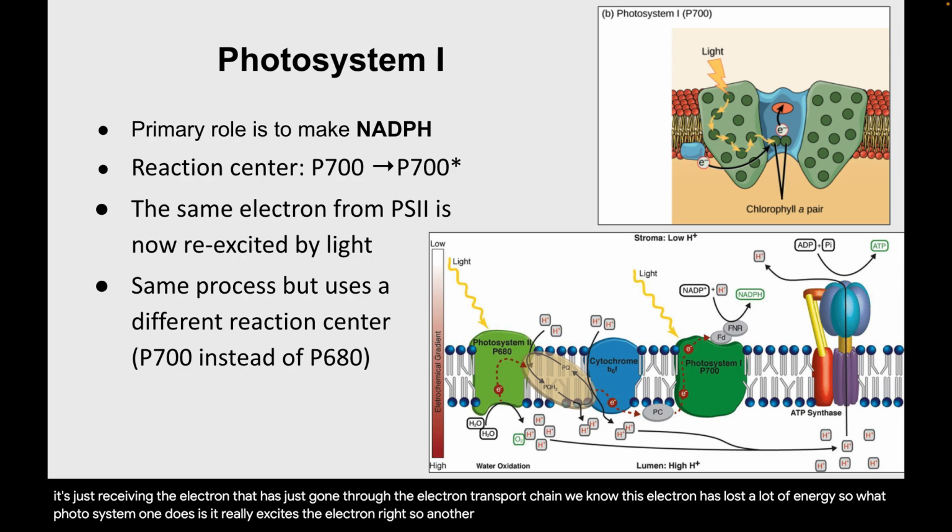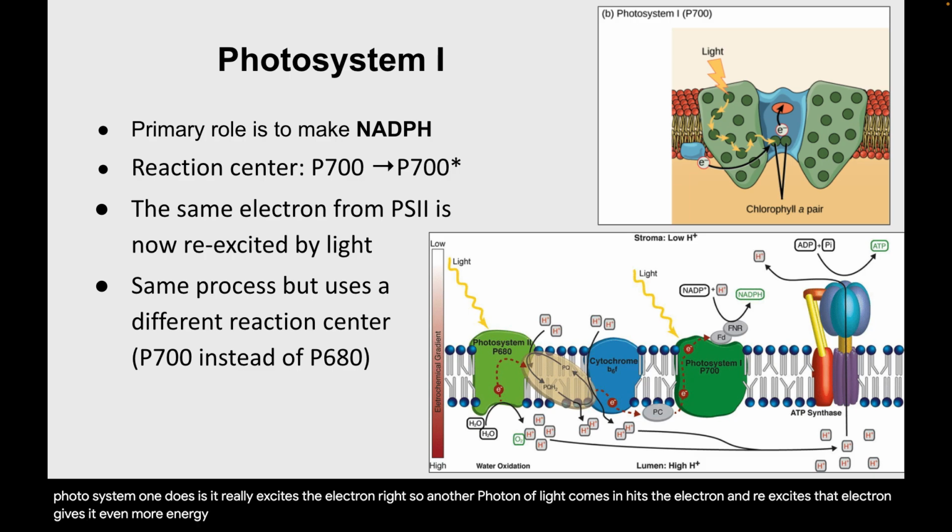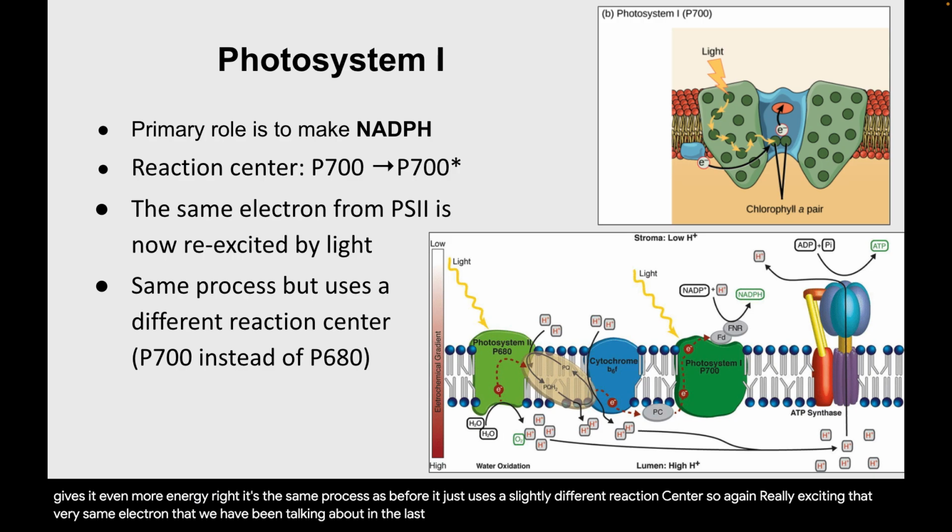Another photon of light comes in, hits the electron, and re-excites it, giving it even more energy. It's the same process as before, it just uses a slightly different reaction center, so again, that P700 versus P680. We are re-exciting that very same electron that we have been talking about in the last few steps here. Now, once this electron is excited, its primary role is to make NADPH.